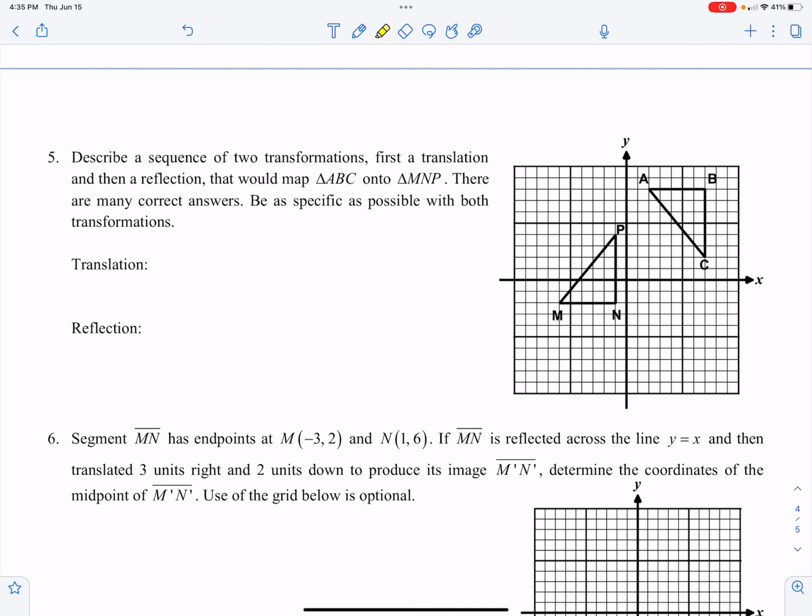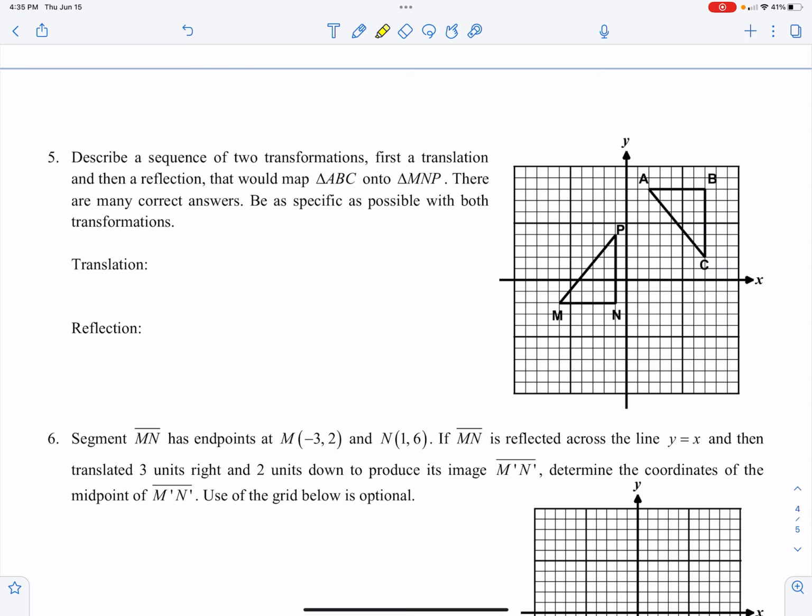All right, number 5. Describe a sequence of 2 transformations, first a translation, then a reflection, that would map triangle ABC onto triangle MNP. There are many correct answers. Be as specific as possible with both transformations.